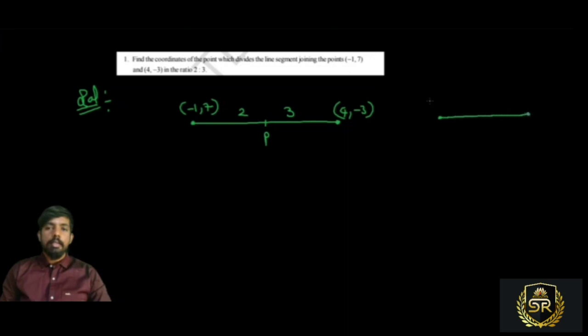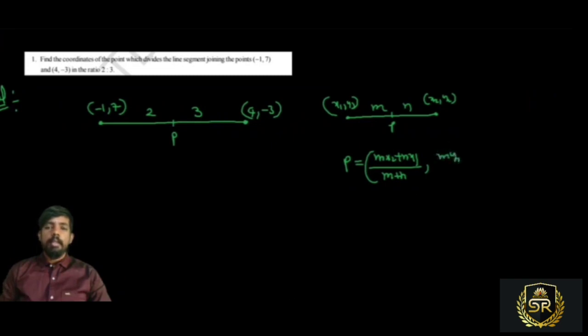What is the formula actually? This is x1 comma y1 and this is x2 comma y2, and the point P is dividing in m:n ratio. Then point P is mx2 plus nx1 by m plus n comma my2 plus ny1 by m plus n. This is internal division.